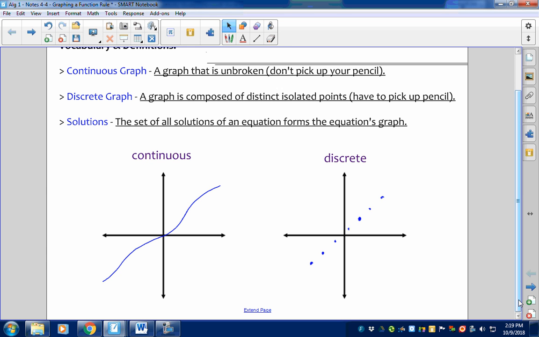So the continuous one is the one where I just draw a curve that I never pick up my pencil. Discrete, just a bunch of dots.